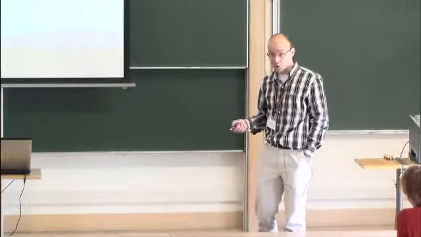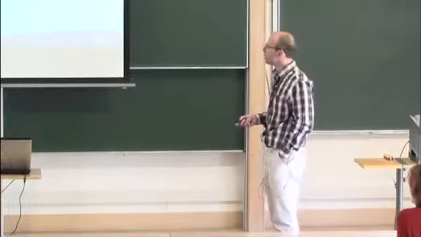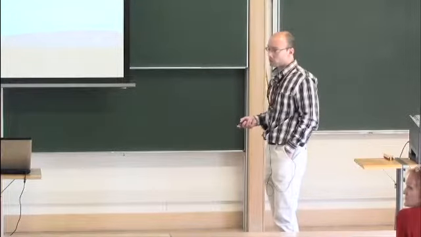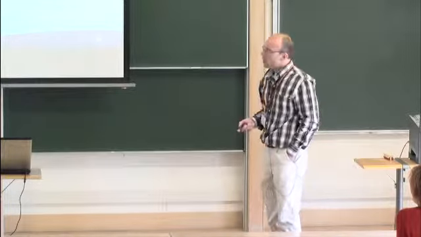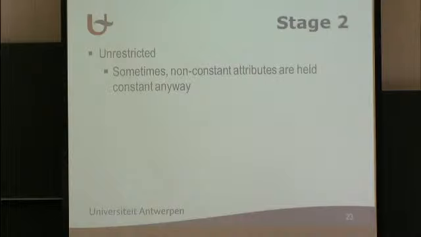Then there is stage two, where we have to decide on the levels of the attributes which we do not hold constant. We use the unrestricted coordinate exchange algorithm, a heuristic search algorithm to optimize experimental designs that's been around since 1995.